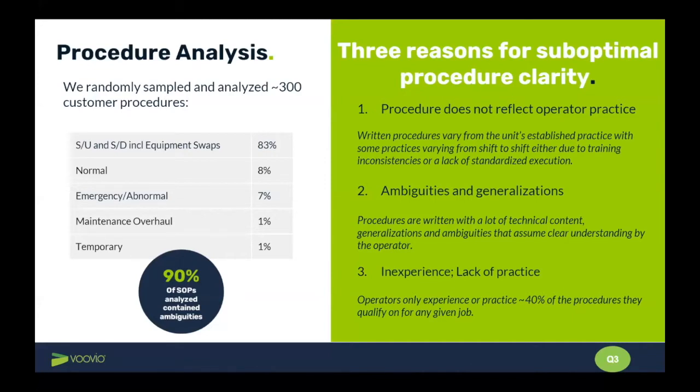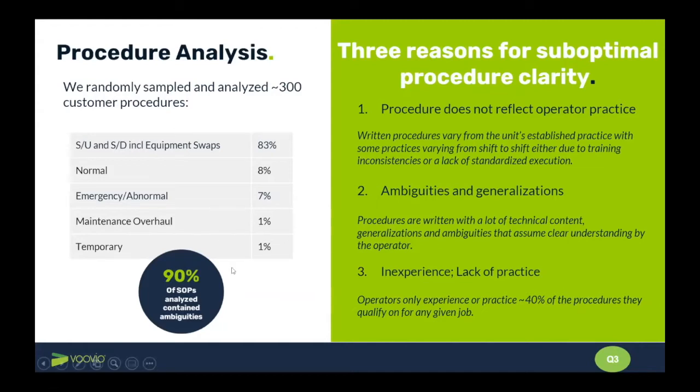A lot of operators qualifying a job, and there's been studies done by McKinsey and others that show that only 40% of the procedure is actually learned and practiced by the operator when they qualify and sign off on a job. And that's mainly due to the unit having to run and produce product, and it cannot afford to have the startup and shutdown procedures executed because the unit is running.